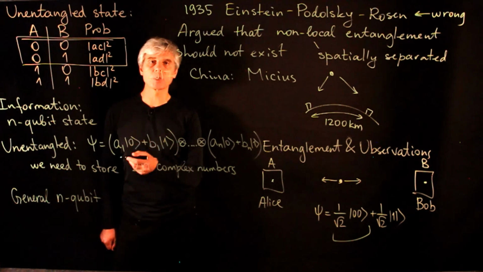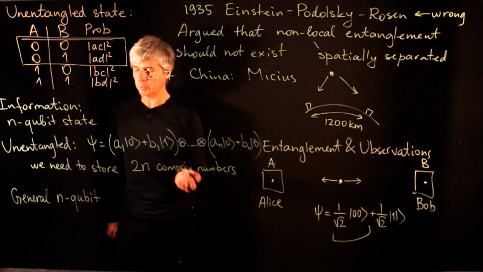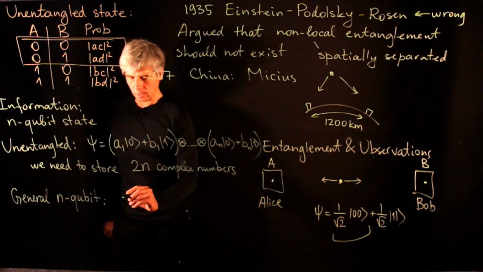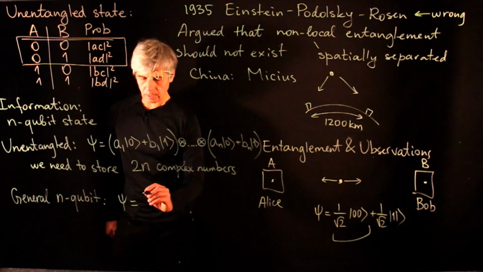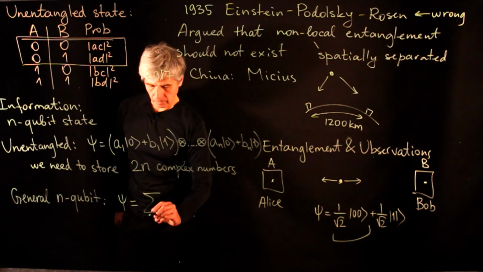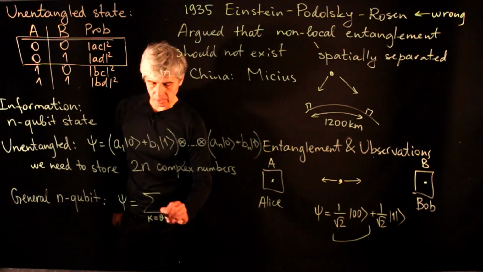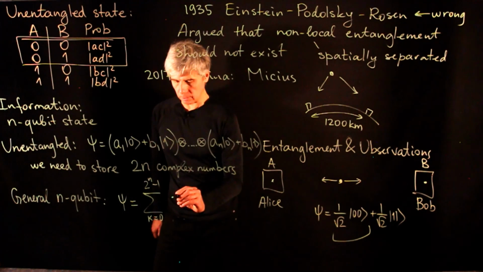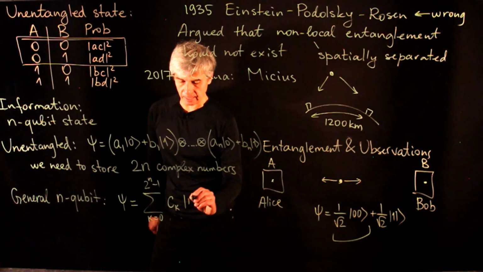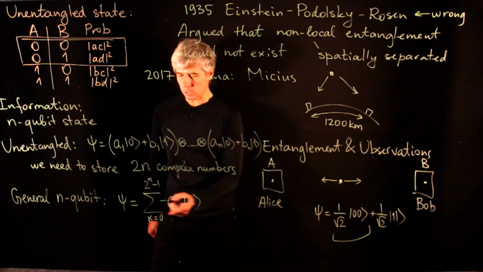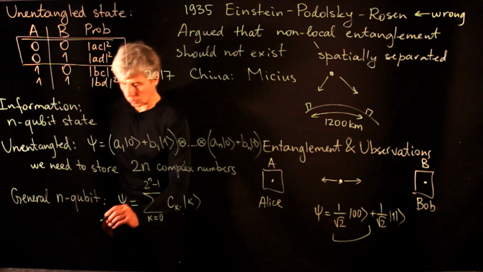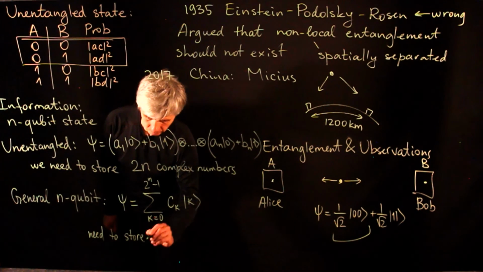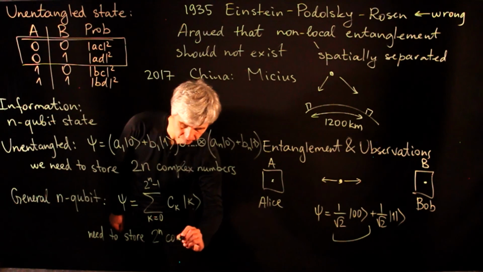So if we write down a random n-qubit state, it will be entangled. If we take the general n-qubit state, this can be written as the sum, k goes from 0 to 2 to the power n minus 1, of ck times |k>. And so here we see that we need to store 2 to the power n complex numbers.